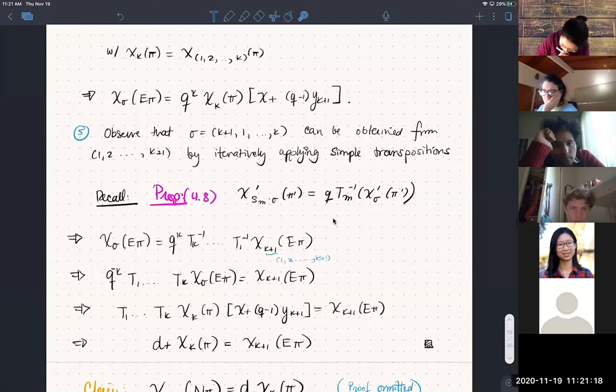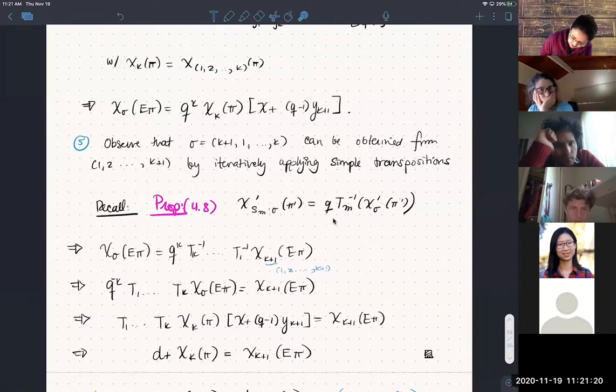So we remember that this chi sigma e pi, by this equation here, by step 4, can be written as a plethystic modification of chi k. So we're going to take that and just plug it in instead of this, which is how we get this. This q^k cancels with that q^(-k), and we just get this expression, right? So we're just altering this side.